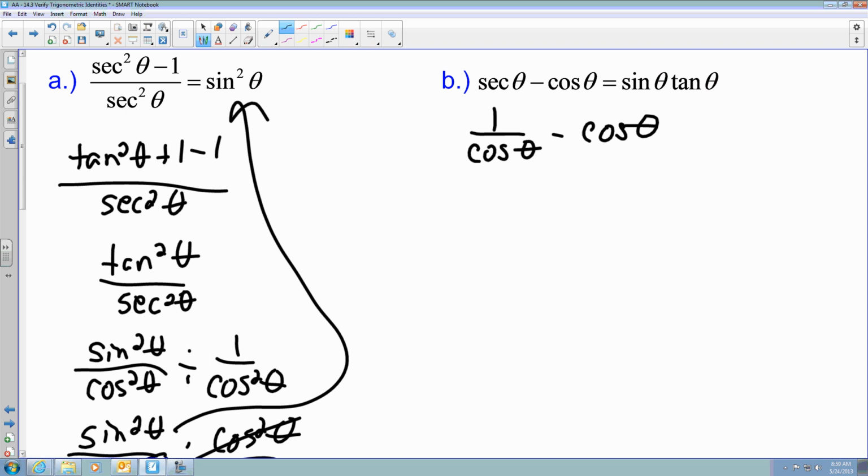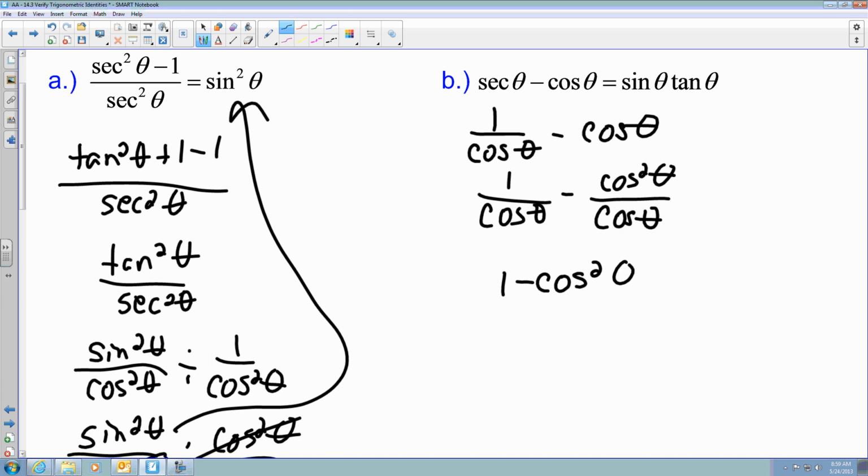And the least common denominator in this case is cosine theta. So I'm going to put cosine theta in both of our denominators. The first fraction, I didn't do anything to the denominator, so I can leave that as 1. But the other one, I multiplied a cosine theta to the denominator, so I must do the same thing to the numerator, so I'm left with cosine squared theta. Now I can combine them. So now I have 1 minus cosine squared theta divided by cosine theta.